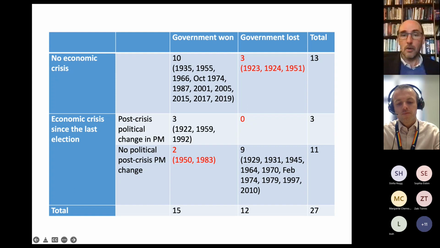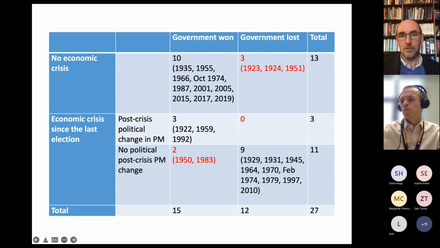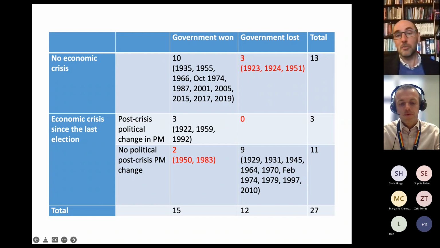So we've got two exceptional elections here, three exceptional elections here, but the other 22 elections fit a general theory: that governments win elections unless there's an economic crisis, and unless they change prime minister to save themselves after an economic crisis.